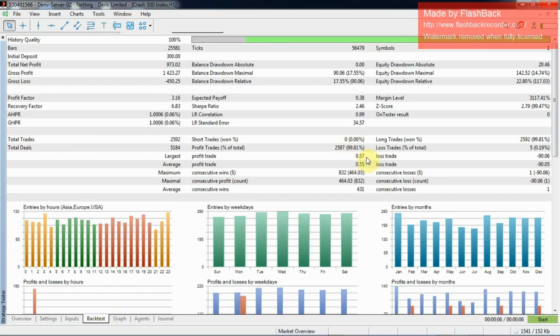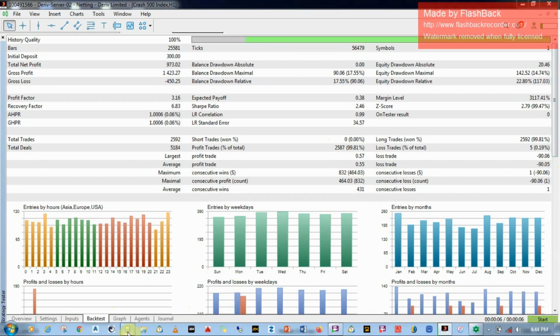Okay, so the back test is done. Making 0.57 profit per trade, we are risking 90.